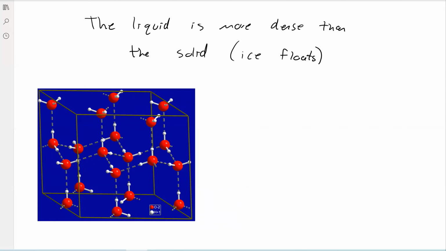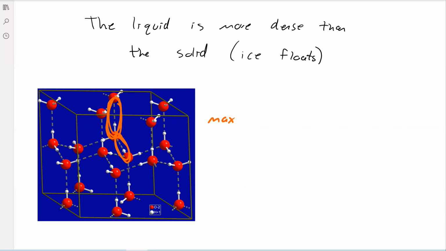And the reason for this, again, is the hydrogen bonding. So if we think about what ice is, remember that in a solid, the molecules cannot move. And so water will organize itself to maximize the hydrogen bonds, right? So the white circles are hydrogen, the red circles are oxygen. We can see we have a hydrogen bond there; all these gray dashed lines are hydrogen bonding.